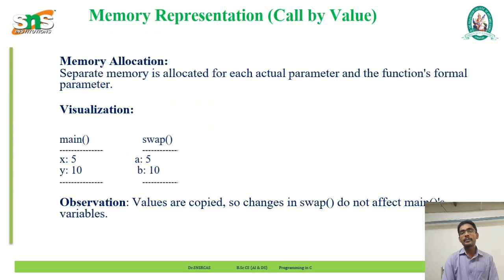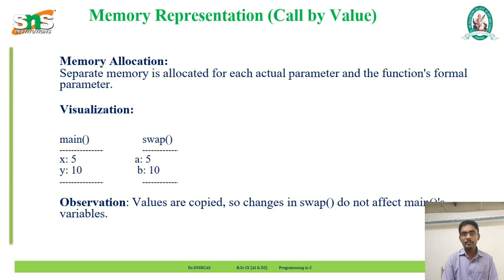And there is a memory representation here. In the main function, the values are stored as x equal to 5 and y equal to 10. After passing, the value of a equals 5 and b equals 10. Once you swap the a and b values by using a third temporary variable, the values of a and b are changed.